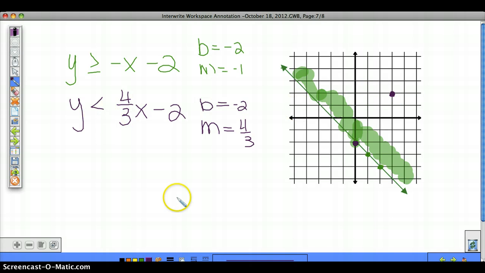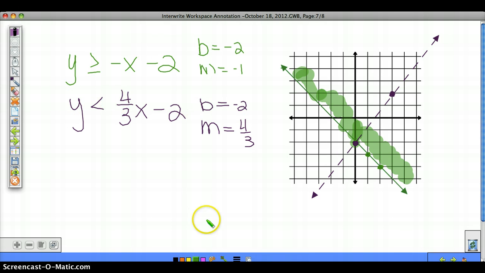This one is not underlined, so we are going to have a dotted line. Looks something like this.